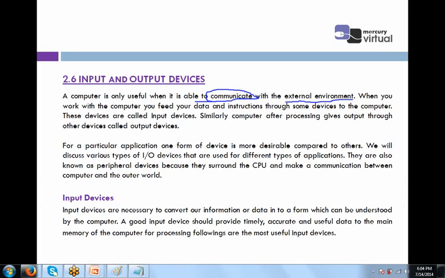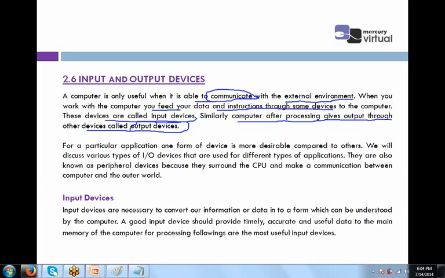When you work with the computer, you feed your data and instructions to some devices. As I told you, feed means input the data and instructions to the computer. These devices are all known as input devices, that are used for inputting the data. Right. Similarly, the computer after processing gives output through other devices, that are known as output devices.